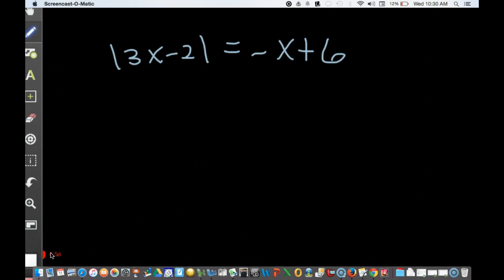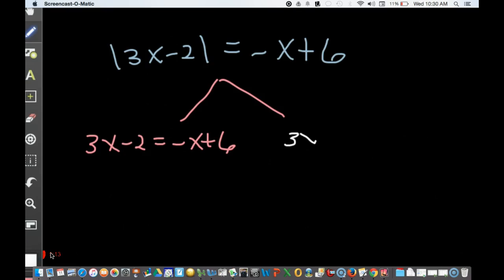Remember, absolute value is going to result in two equations. Either what's inside the absolute value already equals the right side, or what's inside the absolute value is the negative of what was on the other side.